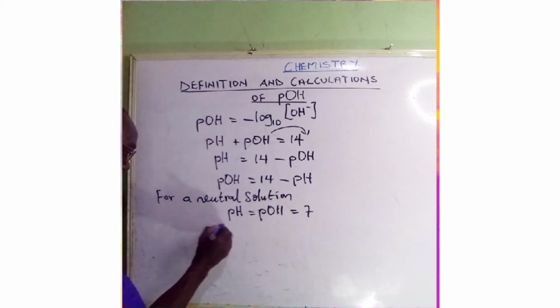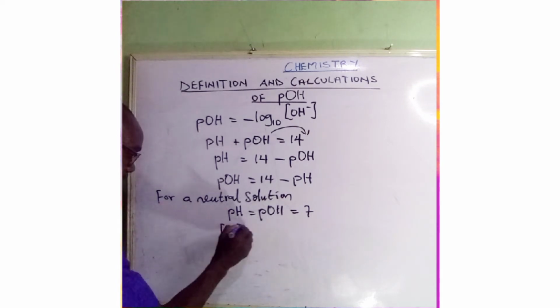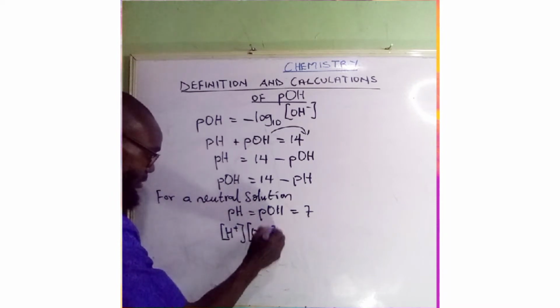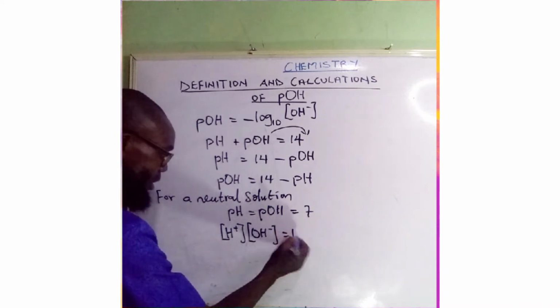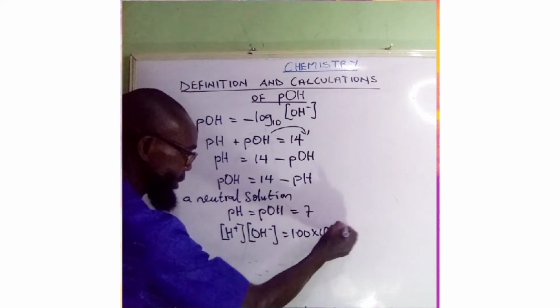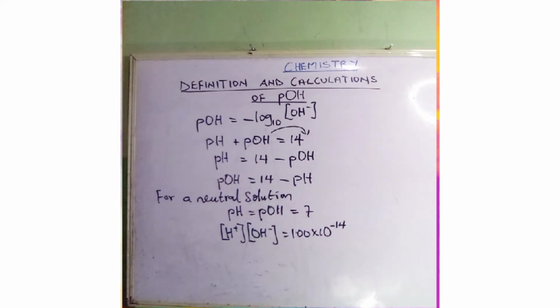So the concentration of hydrogen ion multiplied by the concentration of hydroxyl ion will equal 1.00 multiplied by 10 raised to the power minus 14. That is for a neutral solution in which the pH equals pOH.